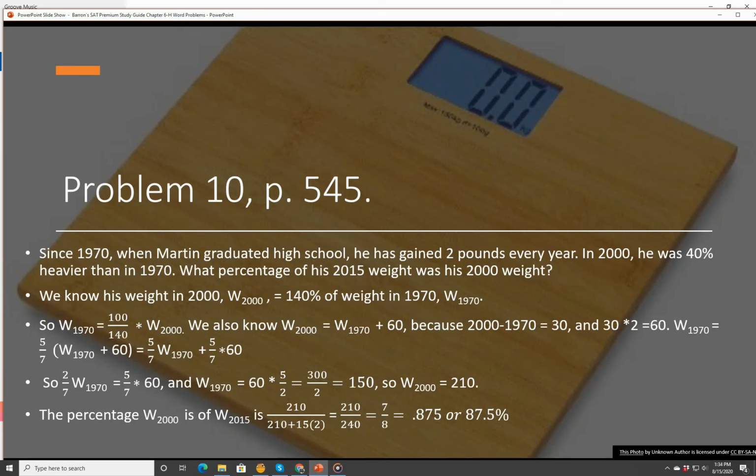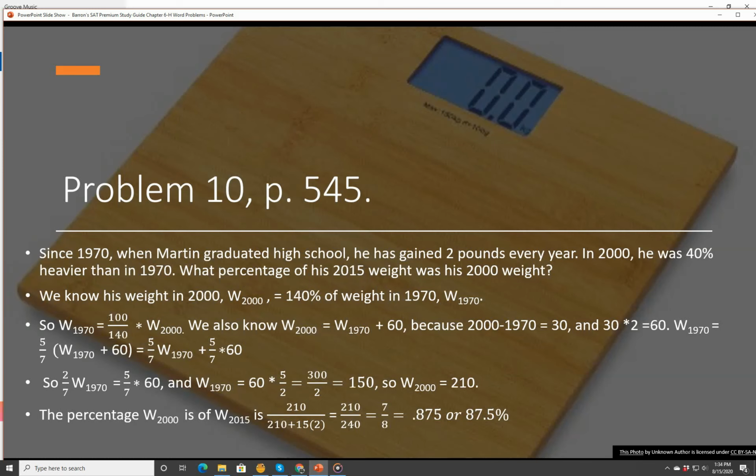So W1970 is 100 over 140 times W2000. We also know that W2000 equals W1970 plus 60, because 2000 minus 1970 is 30, and 30 times 2 is 60. So W1970 is equal to 5/7 W2000, which is 5/7 W1970 plus 5/7 of 60.